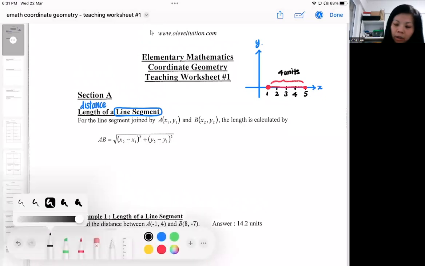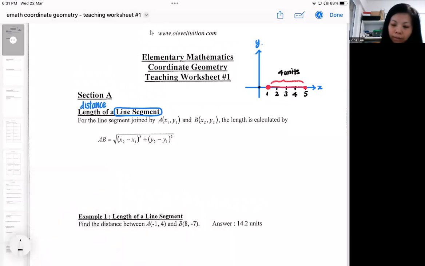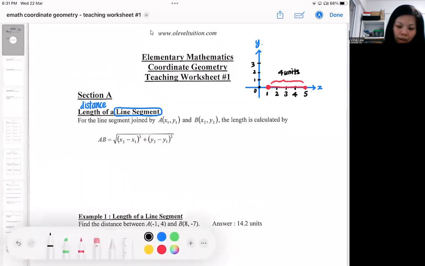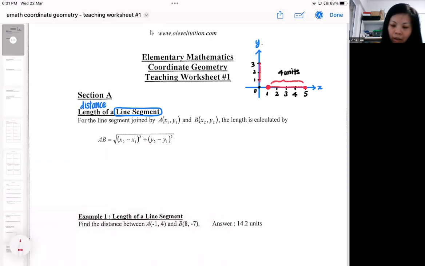For a vertical line, it's also quite easy to tell. For example, it's something like this, 0, 1, 2, 3. If I talk about this vertical line here, I can simply tell that that's 3 units.